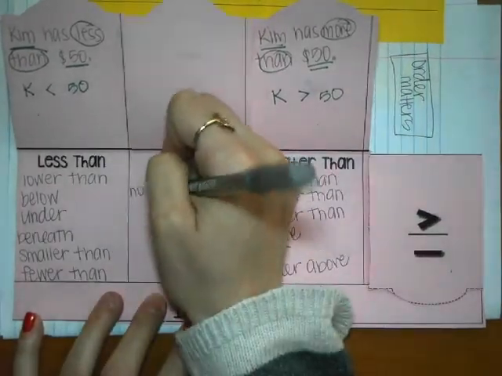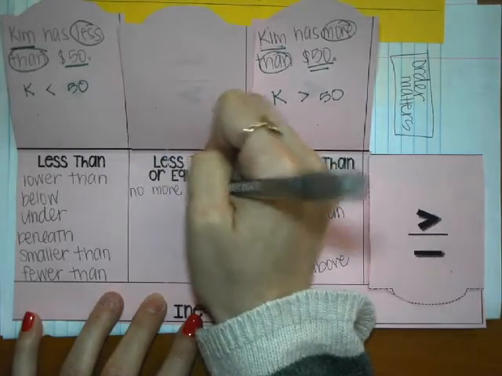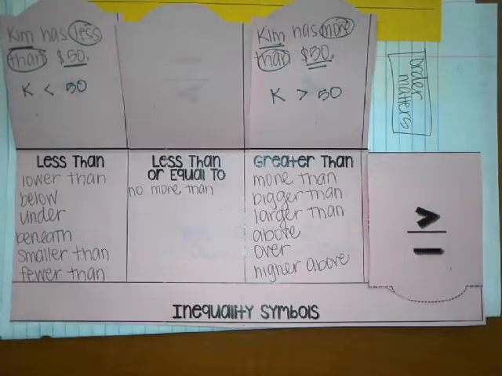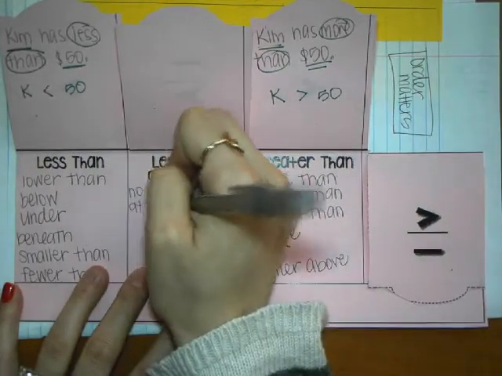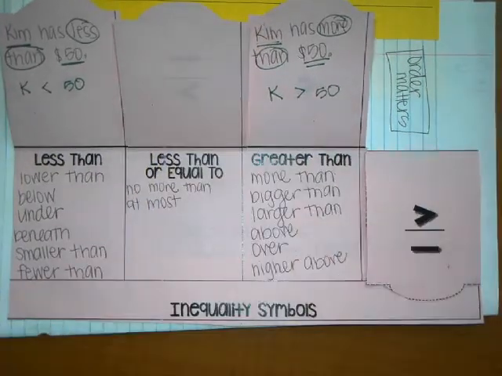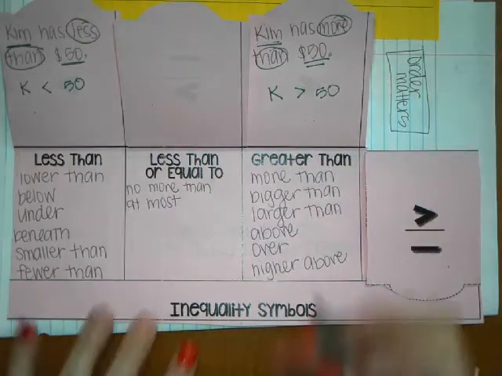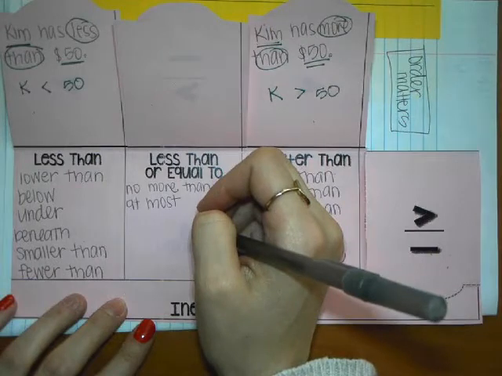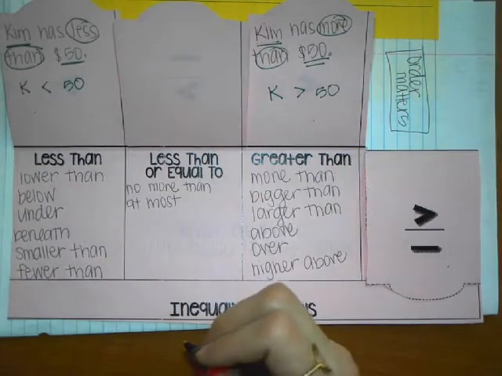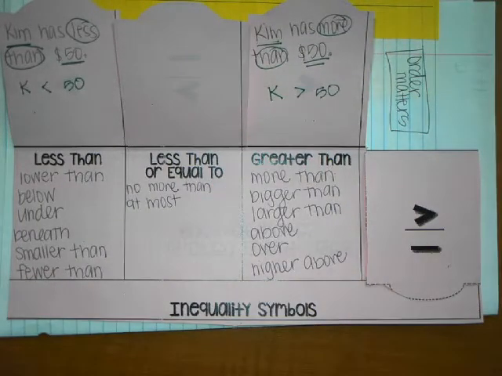Excellent. Eli. At most. Excellent. Ruby. Say that again. I couldn't hear you. No, because that would be just, I think, just that one number.